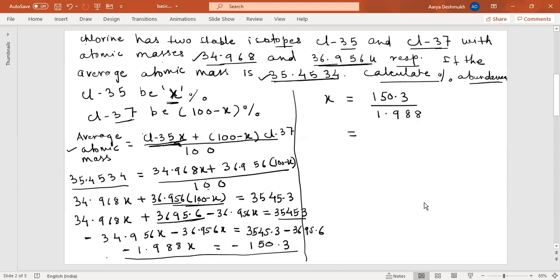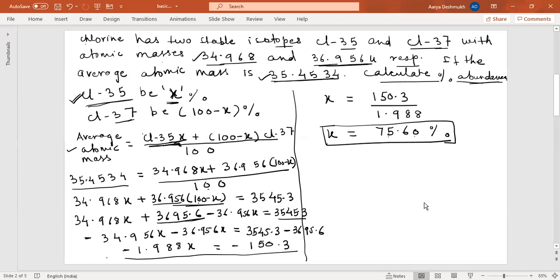So if you solve this, you will get the answer as 75.60%. So x equals 75.60. So we assume that x is for the Cl35. So the percentage abundance of this Cl35 was found to be 75.60.